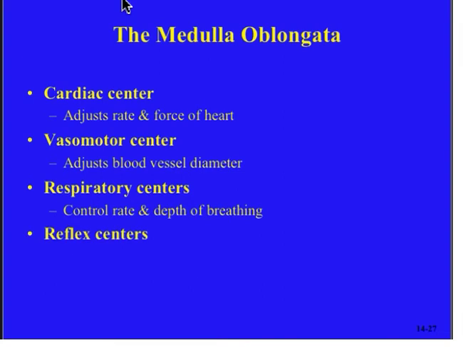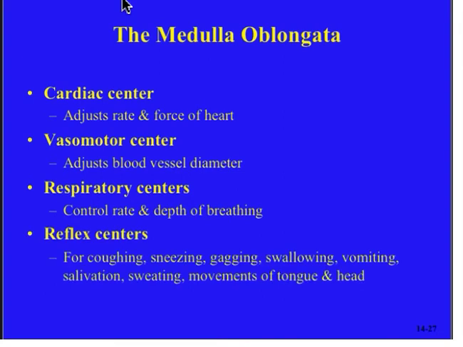There are also reflex centers in the medulla, which are involved in coughing, sneezing, gagging, swallowing, vomiting, salivating, sweating, and movements of the tongue and head. So these are reflexive responses for the most part, things that we don't put a lot of conscious thought into. We just basically respond to them.